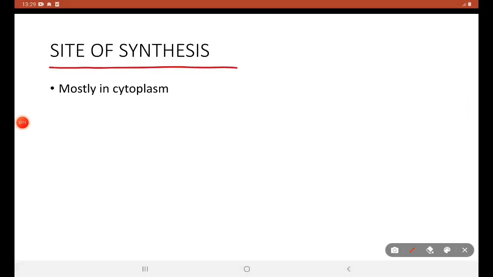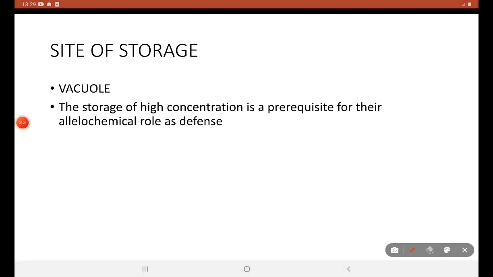Next, the site of synthesis. Mostly, it occurs in cytoplasm. It is assumed that most alkaloids are synthesized in cytoplasm. Next, about storage. Alkaloids are neither formed in extracellular space nor in vacuoles.